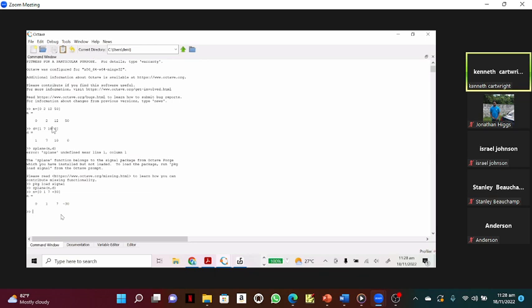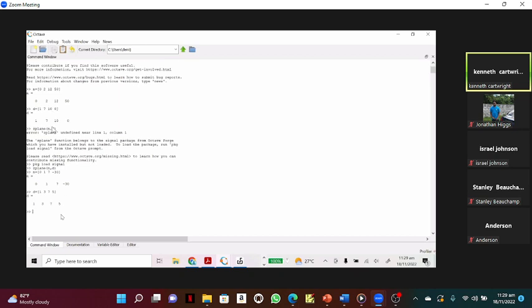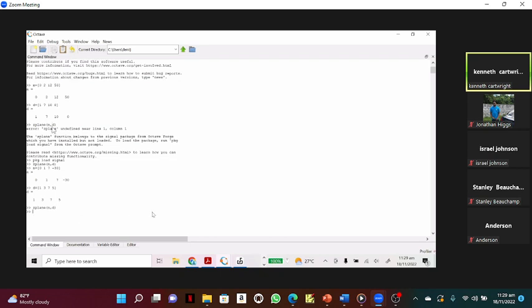And then the denominator is 1, 3, 7, 5. And now we say zplane, n, d. And we have a figure.